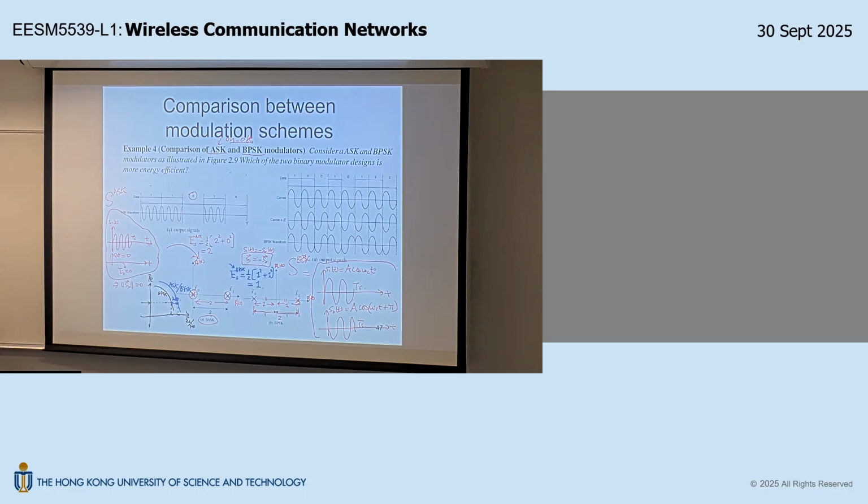Whereas in this case, the average energy will be the distance square of this point from the origin, plus this distance square, plus this one, plus this one, and then take the average. So obviously, this would be more than this one. It's pure geometry. So this one will burn more energy. If you want, you can calculate how much more.